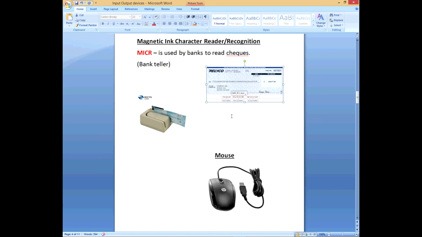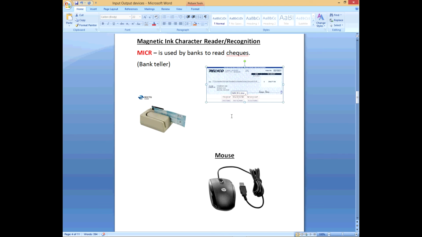It also gives information about the check in general. Like some people might forge the check, and the MICR will determine if the check is a forged check. And if the check is forged, then you know. But if the check is legitimate, then you know you're going through.